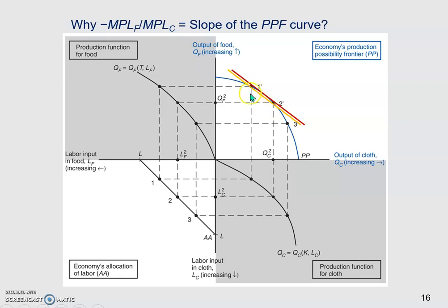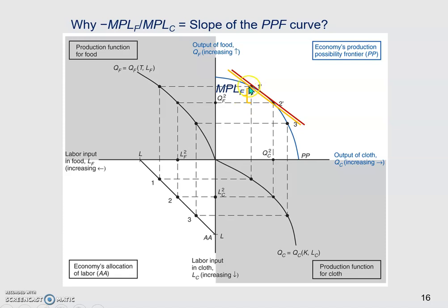Now, from here we should be able to see that this vertical distance is just going to be the marginal product of labor in food. Because remember, when we move from 1 to 2, this is how many units of food we are going to give up.